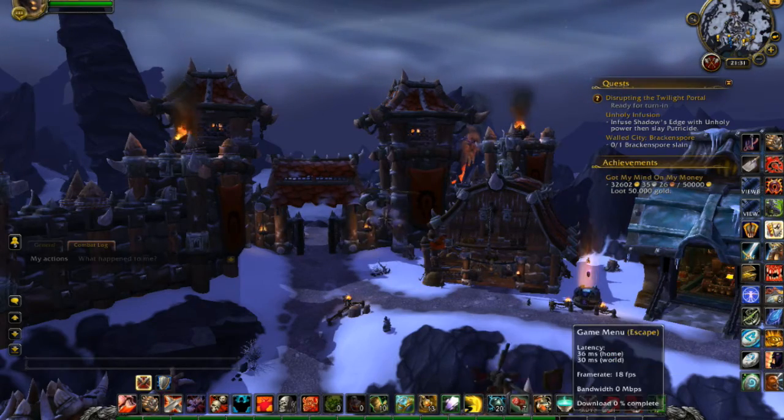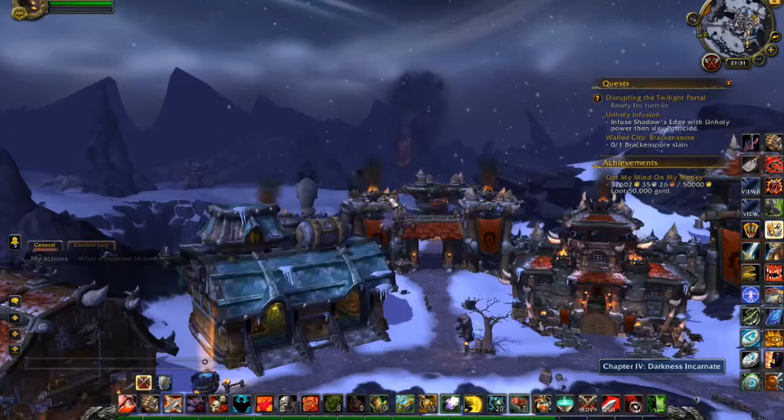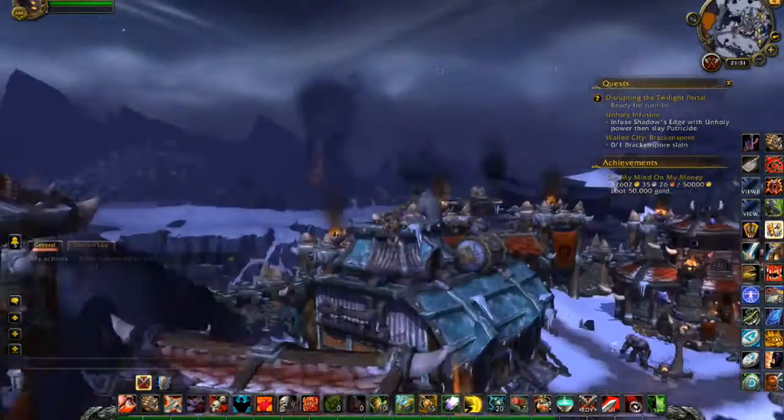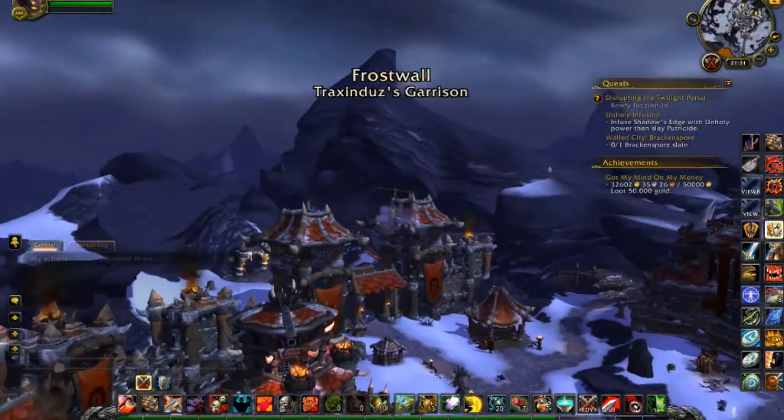Still a good amount of frames per second. Sometimes it drops depending on the environment. So moving on to what most people are waiting for, the ultra settings.